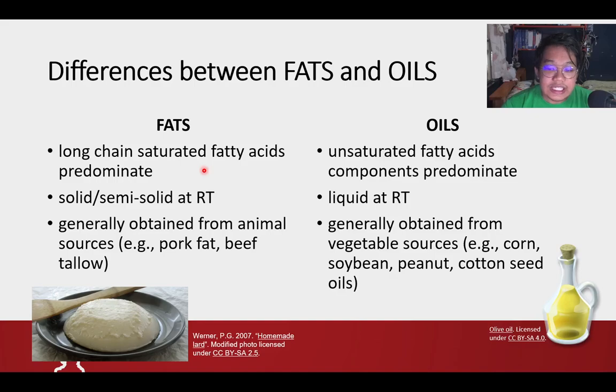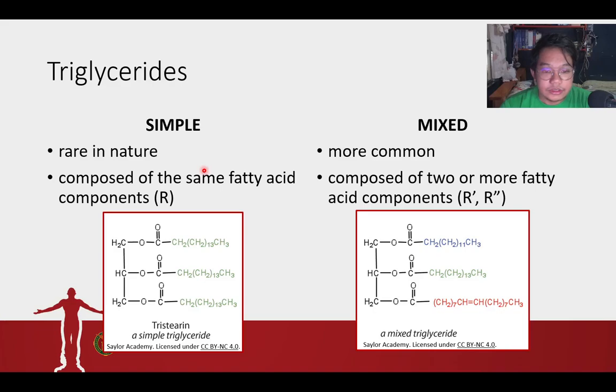Since they are unsaturated, they are usually liquid at room temperature. And generally, they are obtained from vegetable sources, no? So we have corn oil, soybean oil, peanut oil, cottonseed oils, and so on. Okay? So as mentioned earlier, your R groups may be the same and your R groups may be different.